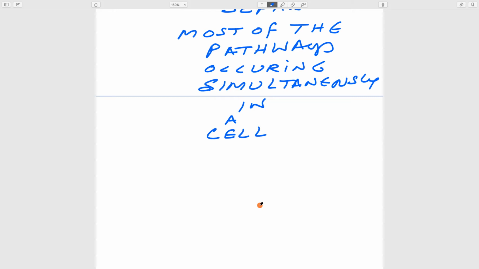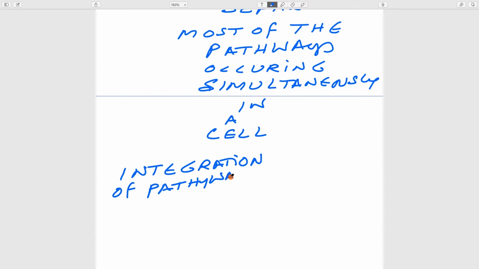Then why integration of these pathways? When they are taking place simultaneously, integration of pathways is taking place. Why is it so? The integration of pathways is to maintain homeostasis.